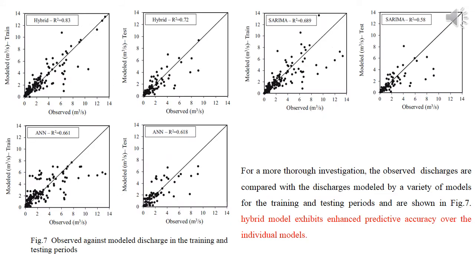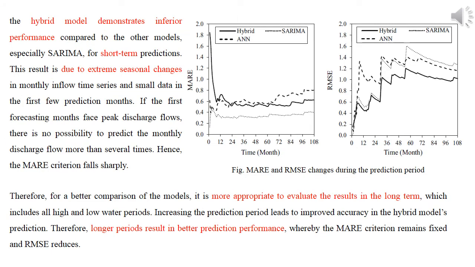The coefficient of determination, R square, is shown in figure 7 for the different models: hybrid, SARIMA and ANN. In this figure we can say that the hybrid model's R square for the training as well as the testing period is higher than the SARIMA and individual ANN. The MARE and RMSE changes during the prediction period are shown in figure 8.